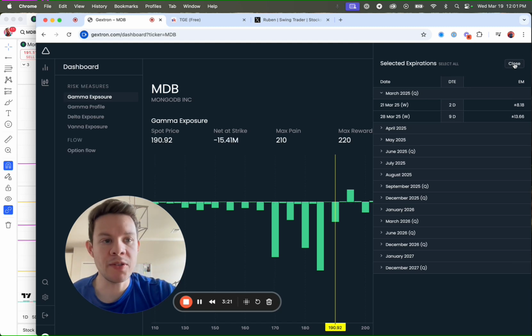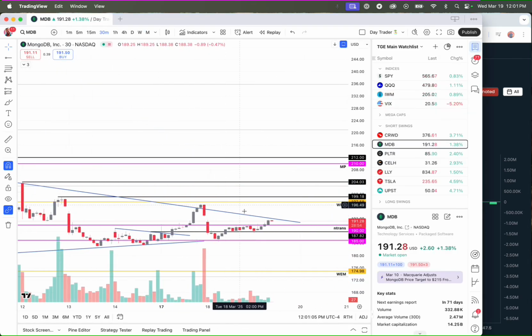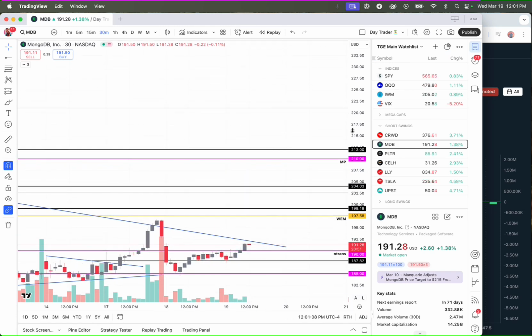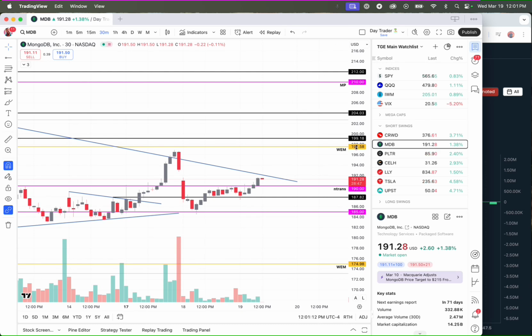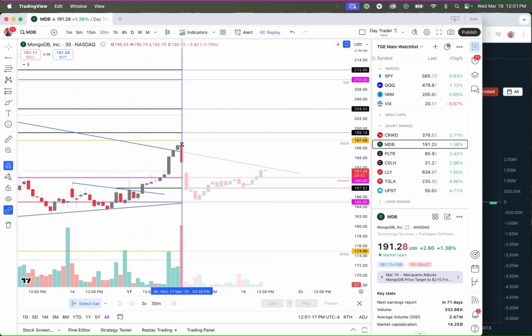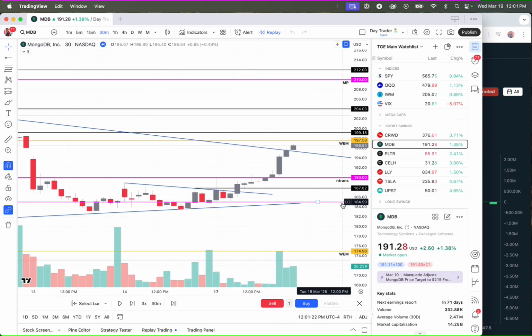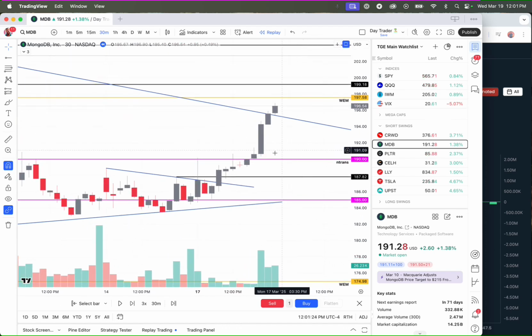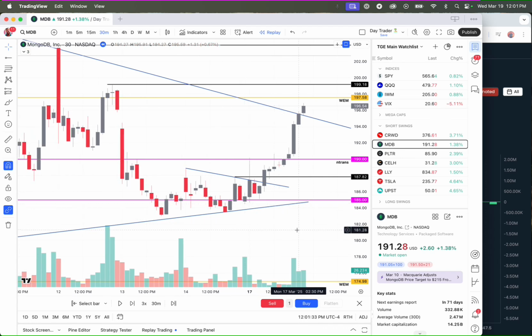If I go to the chart here, these are the original values for MDB, where the weekly expected top at the time was 197 and the bottom 174. I'm going to go back to this time frame because this was Monday's price action, and I saw that we were consolidating. We'd been moving sideways since Thursday, which is good because this doesn't mean I'm going to have a bullish thesis right away.